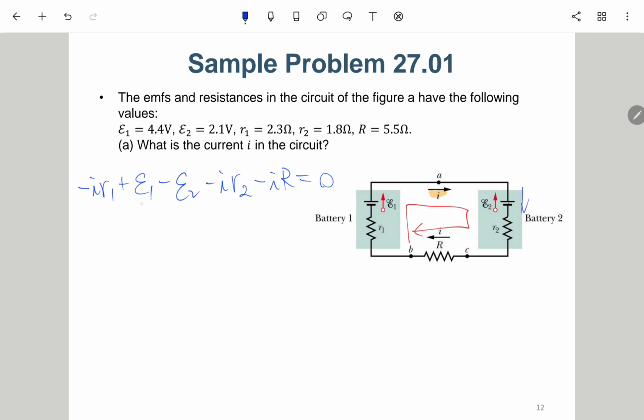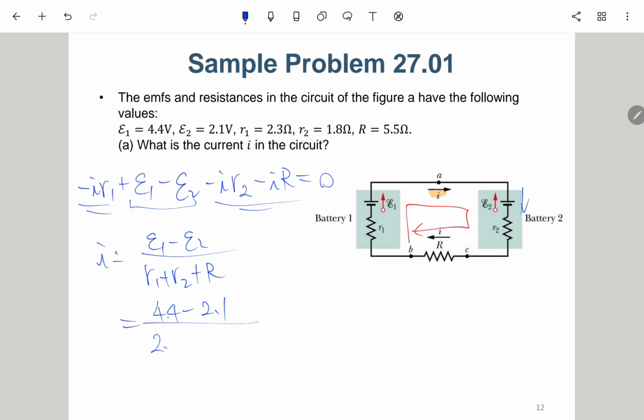Okay, so here we just leave all this on the left side and put all this on the right side. So we have I equals E1 minus E2 over R1 plus R2 plus capital R. Then we can simply substitute the values: 4.4 minus 2.1 all over 2.3 ohm plus 1.8 ohm plus 5.5 ohm.